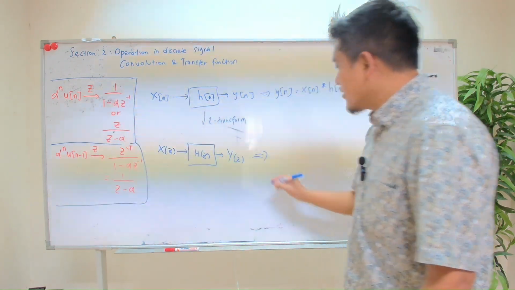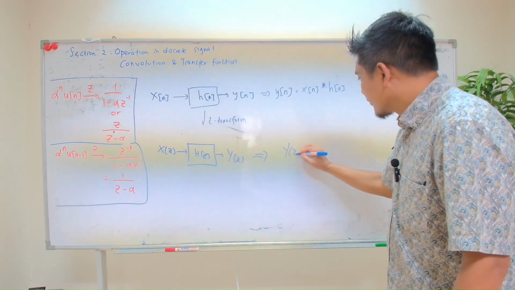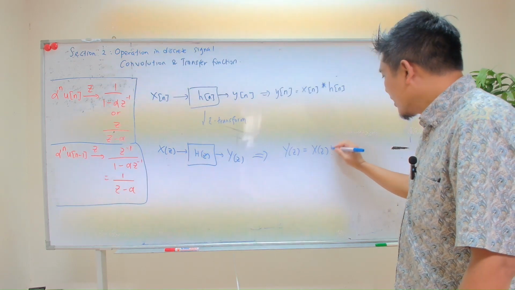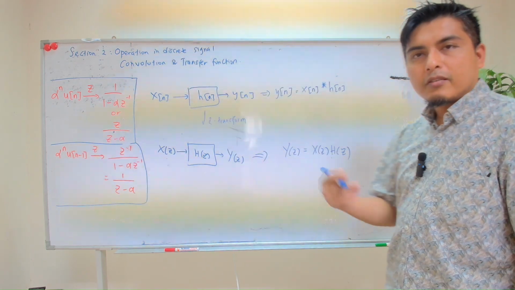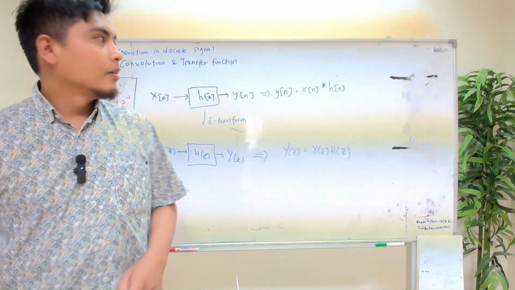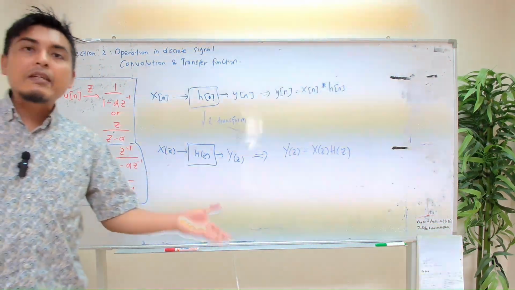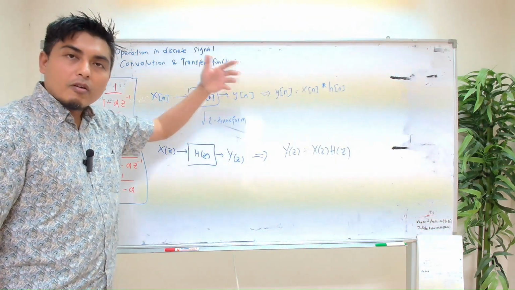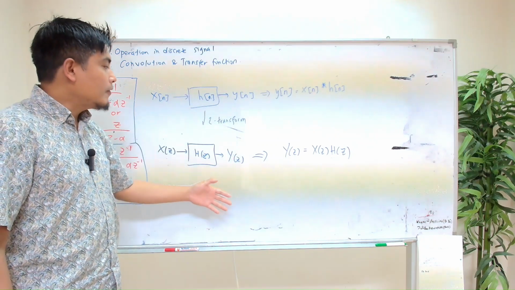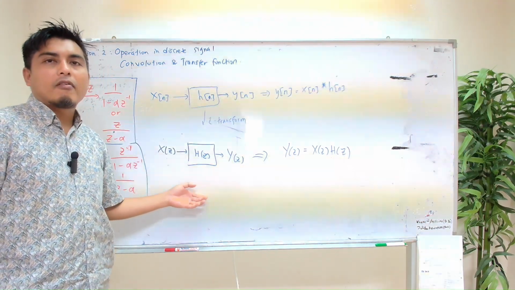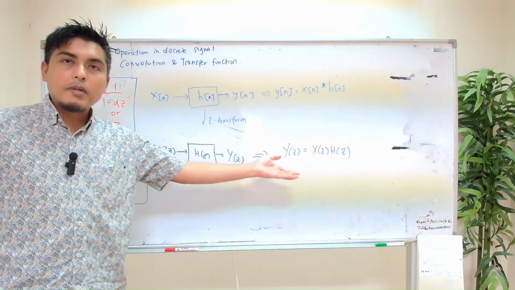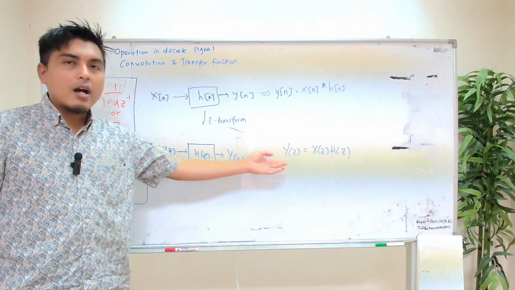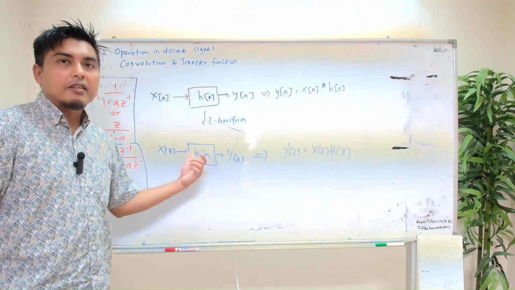In order to get the Y(z), you just multiply X(z) and H(z). Simple multiplication. So you can see the benefits of the Z transform. If you try to solve it in discrete, it's very long. However, if you convert to the Z transform, you just multiply the signal and the system, then you get the output.